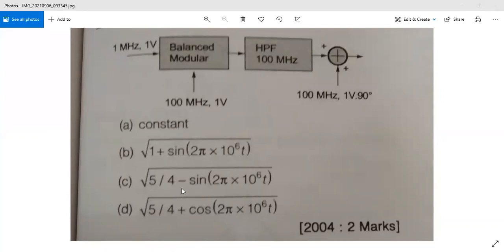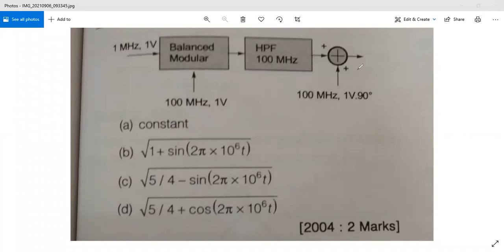In this question, we have already seen the portion up to which it is given that there is a 1 megahertz signal with 1 volt of amplitude, and the carrier also has the same amplitude of 1 volt, and the modulating signal also has 1 volt of amplitude.